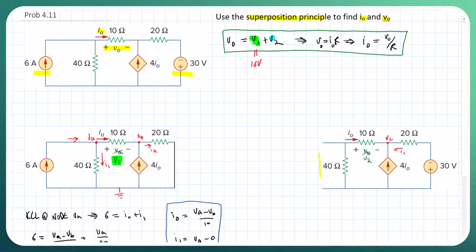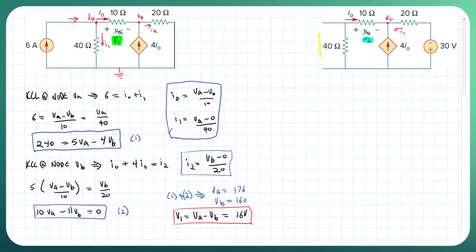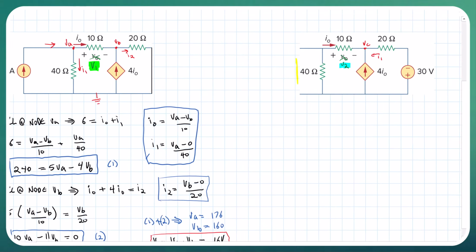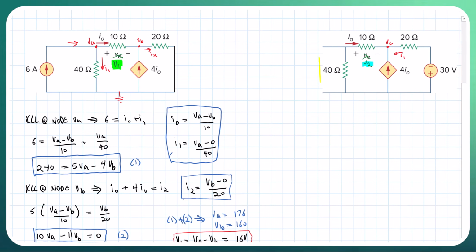Next, we want to solve for V2, which we defined over here. Okay, so let's go back up. We're going to repeat the same process, but now we're going to do KCL at node VC from this second circuit here.